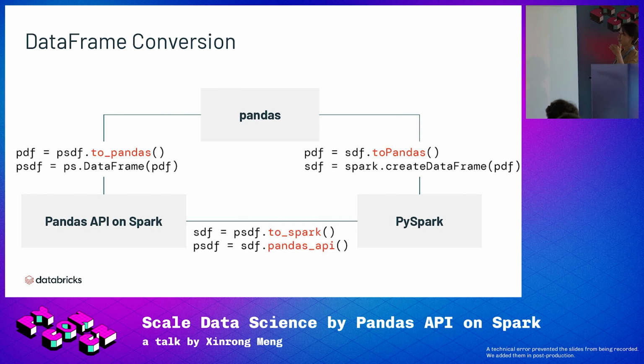They can also be created out of a Pandas frame. And between Pandas on Spark and PySpark, we support the toSpark and toPandas API for the conversion. Those APIs enable users to leverage functionalities across all three.